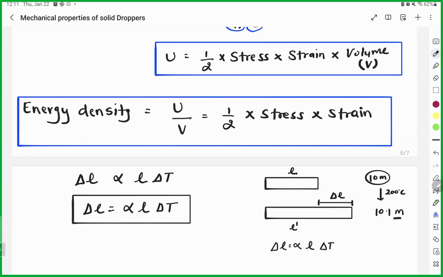So material, what else? I don't know, sir. I think these are the only three factors: length, more chances of expansion, yes, sir, nature of material, and increasing temperature. Because delta T is the main responsible factor in this case.